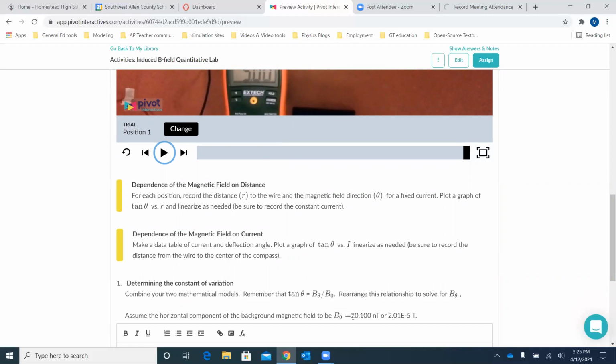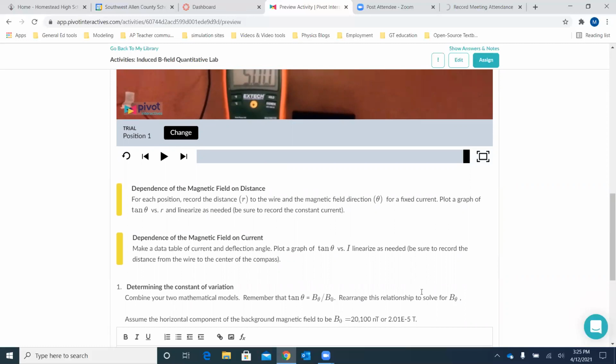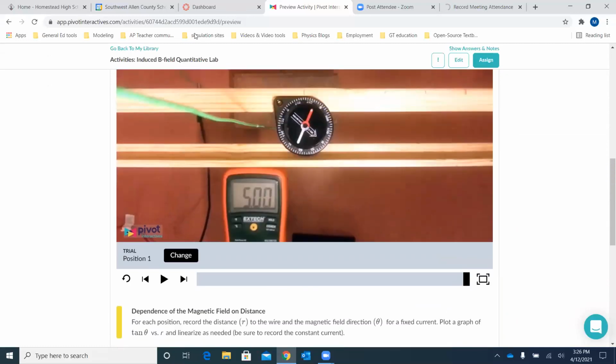And the Earth's magnetic field, I'm just going to go ahead and give it to you. It's measured in what we call Tesla. That's what the T stands for. So 2.01 times 10 to the negative 5th Tesla. And so you can go ahead and find the exact mathematical model, okay? And that's what you're doing.